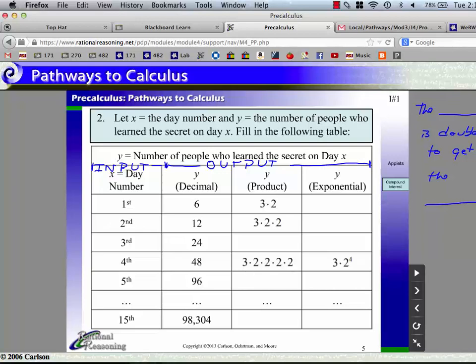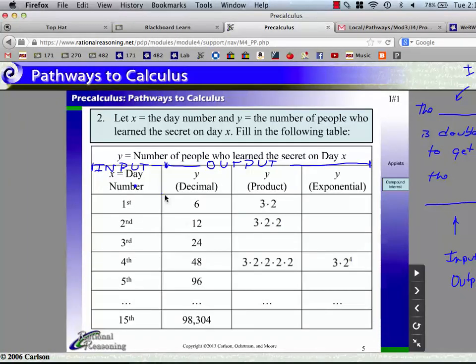Okay? Walter? The number. So, two choices for the first blank, input or output, and two choices for the second blank, input or output. Okay, he's saying input is doubled to get the output.